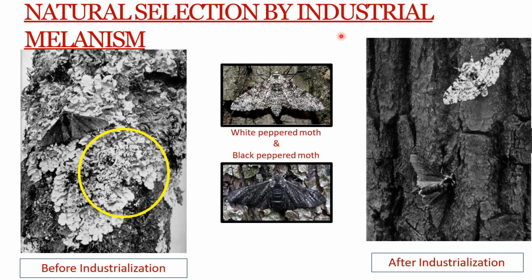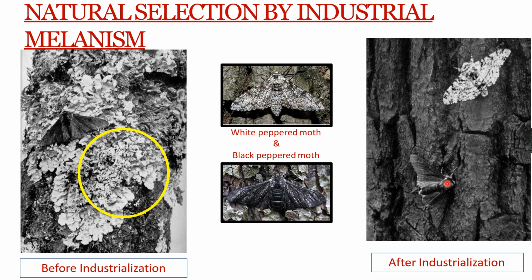Now see the picture of natural selection by industrial melanism. Before industrialization, you can see all the white peppered moths here, on the tree trunk. Its color is white. But this is pre-industrialization time. After that, post-industrialization, more industries were predominant. The same white peppered moth, Biston betularia, changes its body color into black color.